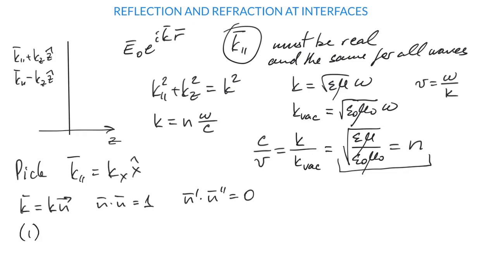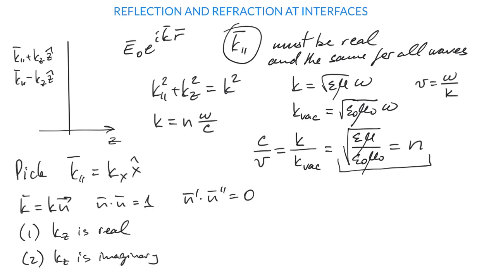The first possibility is that kz is real. In this case, we have a real beam, so we can introduce the sines and cosines showing the direction of that beam. The second option is that kz is purely imaginary.